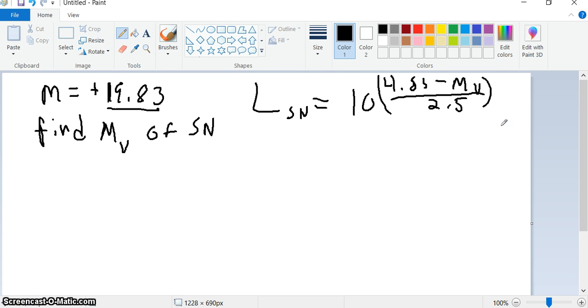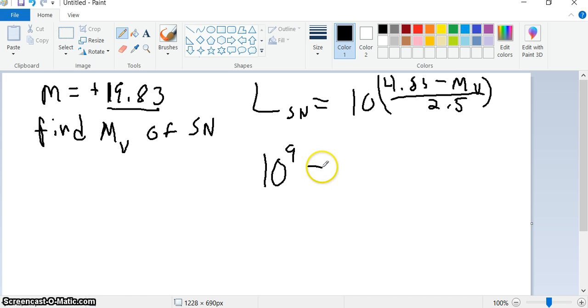Now we can put the numbers in. Remember the supernova is 10 to the 9th, 1 billion times the luminosity of the sun.